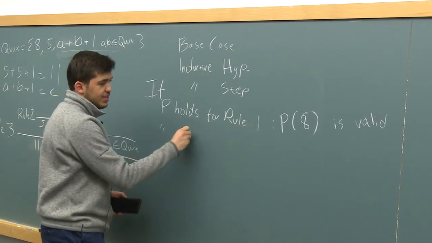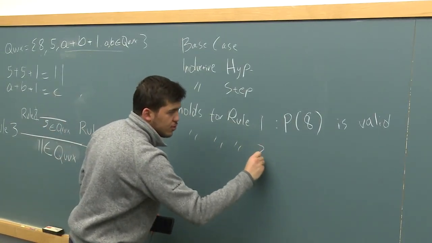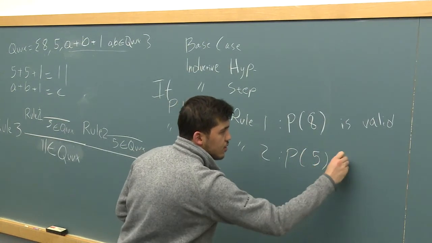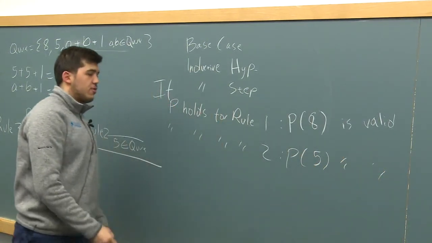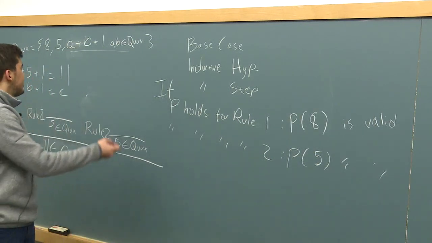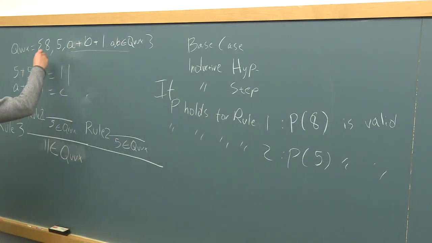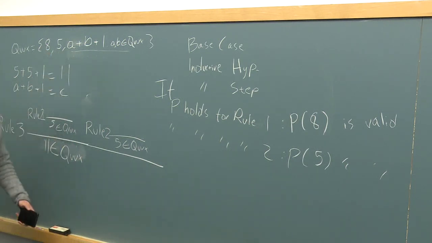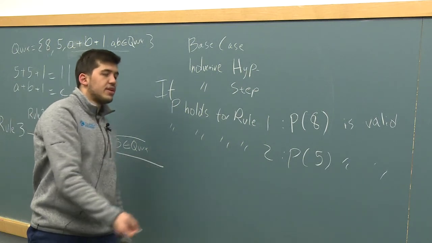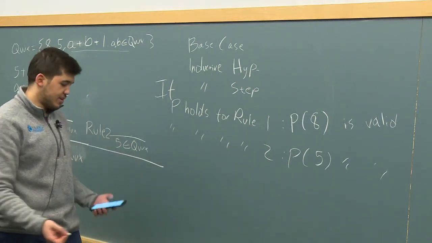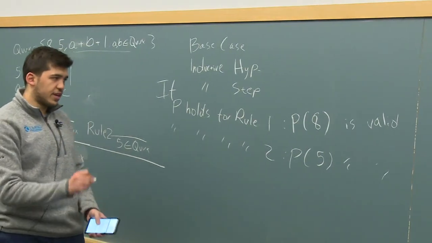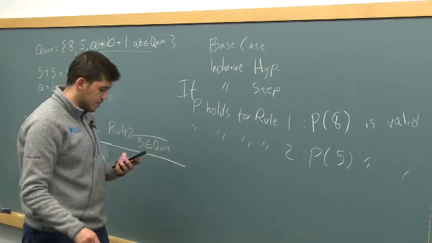So just copy this for rule 2, which is that property of 5 is valid. And we also apply the same thing for our final rule. But that's the hardest one. Because here we just have the elements by themselves. We can just say that if P of A is true, then it holds for rule 1. But for the inductive step, we need to create an inductive step within that inductive step.